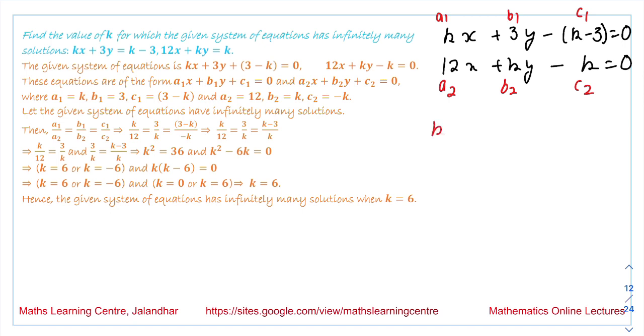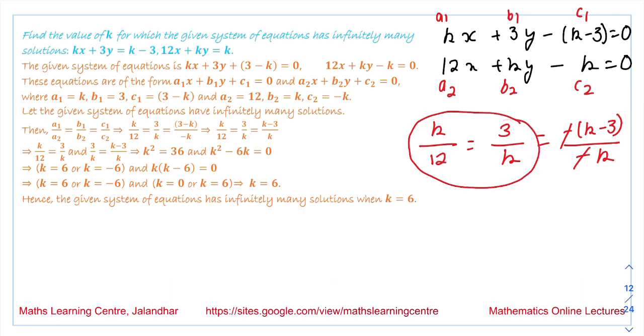So a1 over a2 should be equal to b1 over b2, which should be equal to c1 over c2. Suppose we solve the first two, we get k square is equal to 36. So the value of k is equal to plus or minus 6.